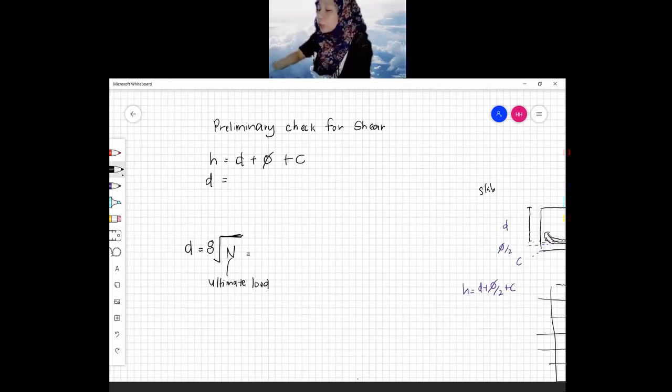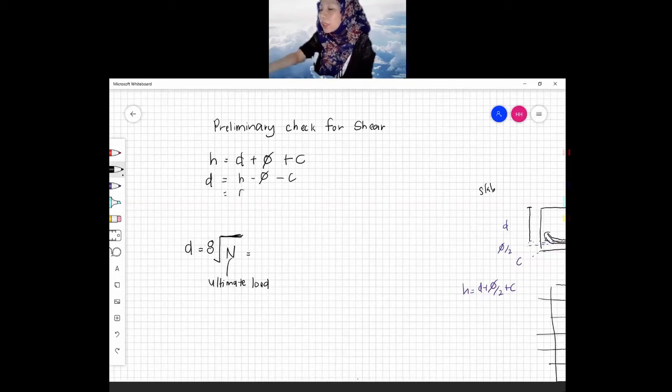So we need to find D here so that we can compare with D, the one inside this formula. Okay. Kita nak compare D yang kita dapat dari H ni dengan D yang dalam formula preliminary checking ni. So D is equal to H minus full bar minus dengan C lah.